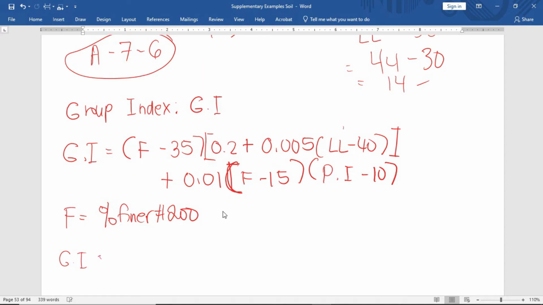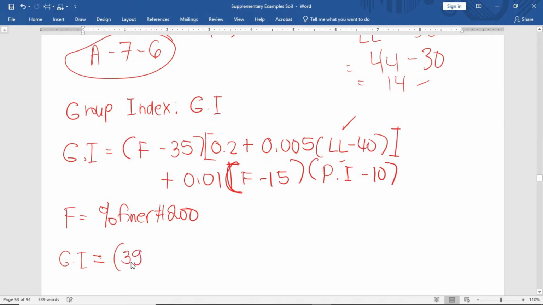Alam naman natin na LL is liquid limit and PI is plasticity index. Input lang natin. Masyadong mahaba yung formula, pero ganyan talaga. Pag face to face, dapat sa ulo nyo.